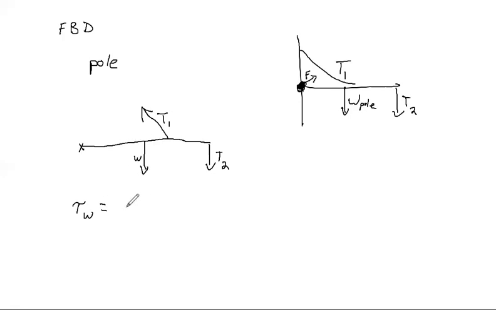So actually, the torque due to the weight is going to be a negative torque. It's going to equal the mass of the rod times G times the moment arm, which is just the length of the rod divided by 2. And it's straight down, so the angle between them is 90 degrees.